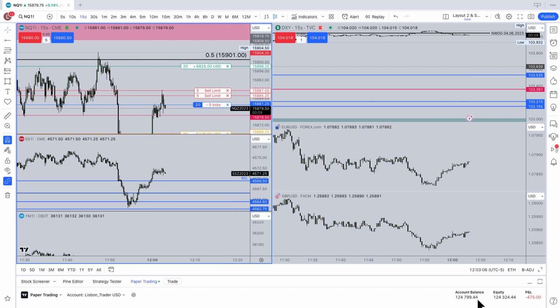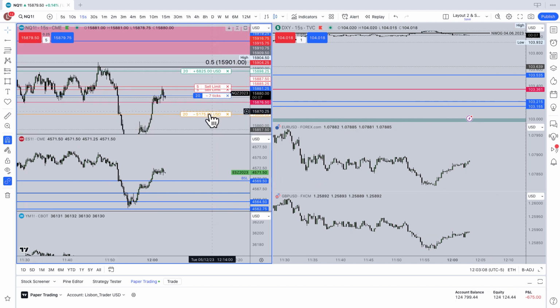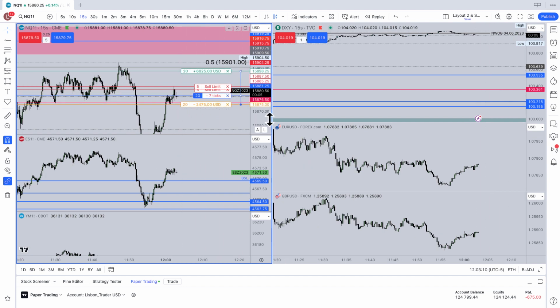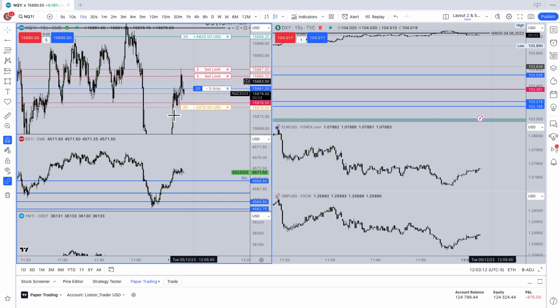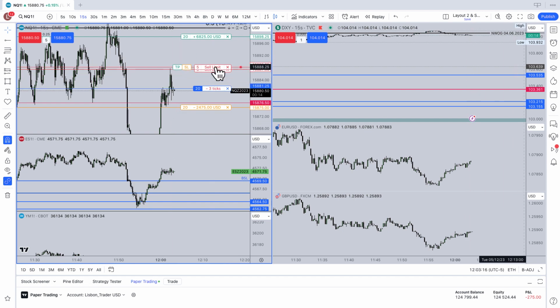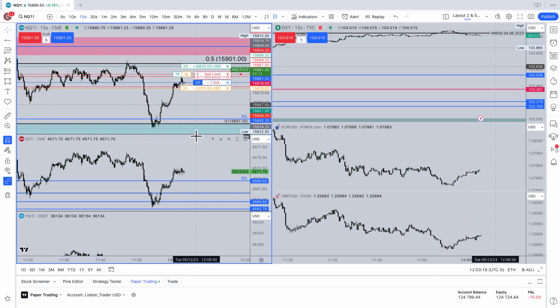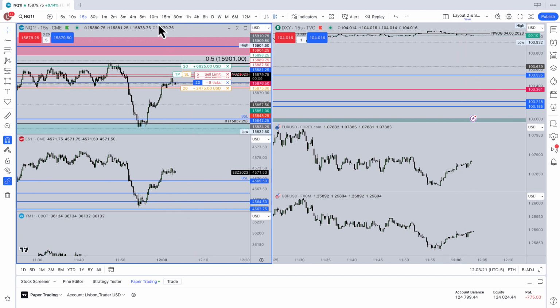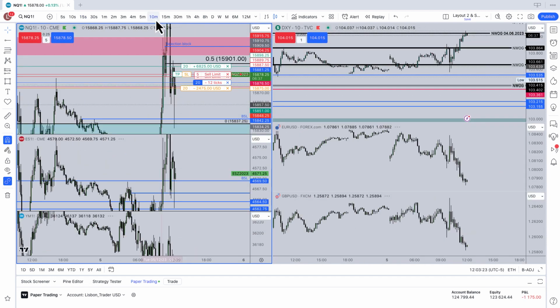So 124. Let's risk to 2,000 only, to see if this has some room to proceed higher.